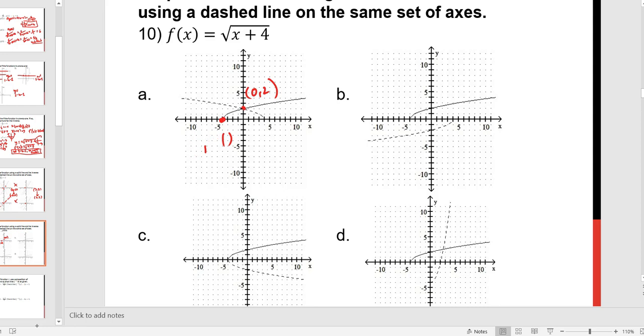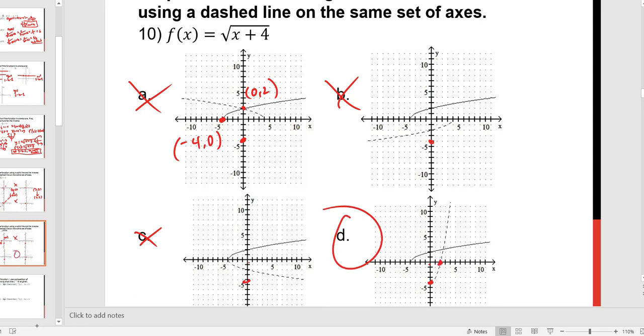Alright, I'm messing this all up. Okay. Negative 4, 0. I should see a point at 0, negative 4. I do not. I do not. I do not. I do. I'm looking good on this one. 0, 2 becomes 2, 0.